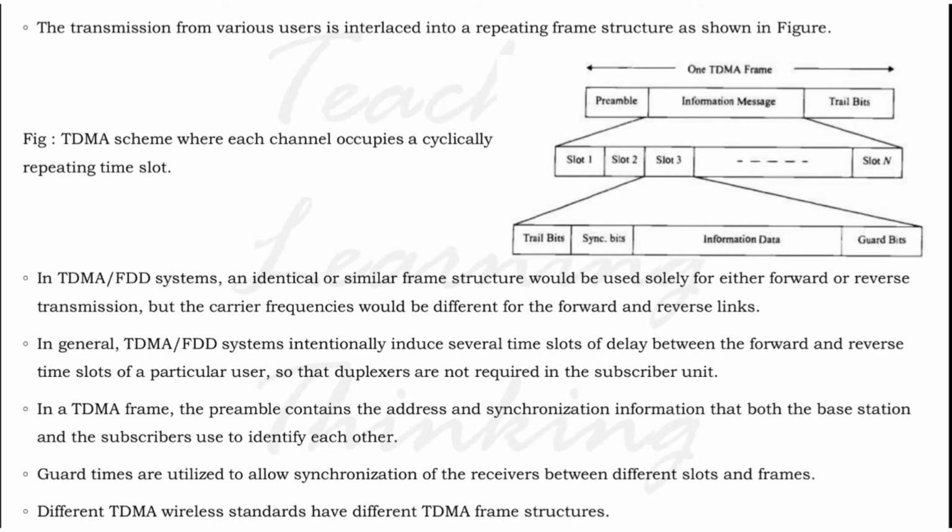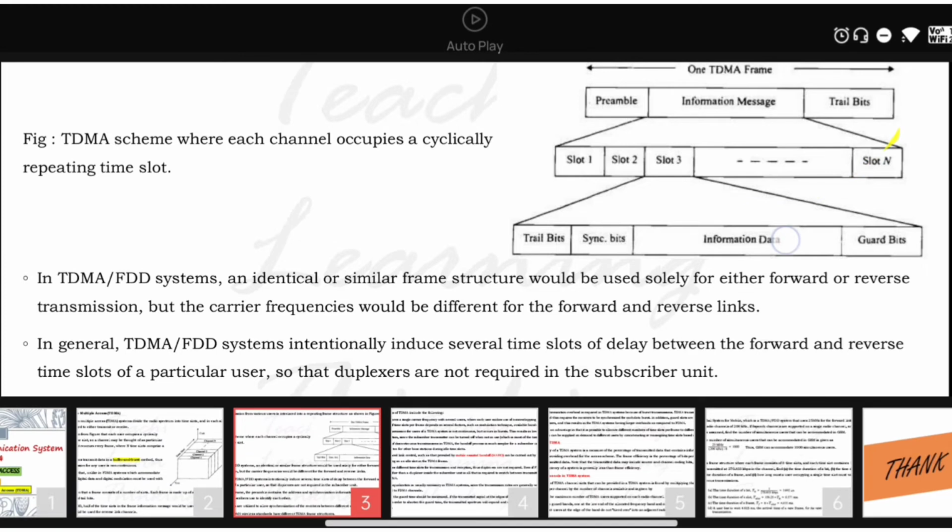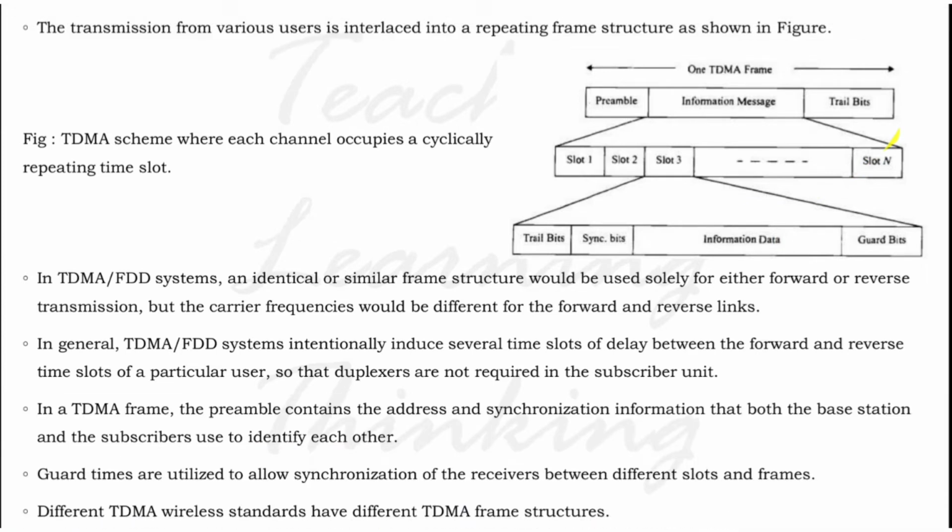The transmissions from various users are interlaced into a repeating frame structure as shown in the figure. In one TDMA frame, you can see a preamble, then the information message, and then tail bits. The information message has slot 1 to slot n, and each slot is divided into tail bits, synchronization bits, information bits and guard bits. This is the structure of one TDMA frame.